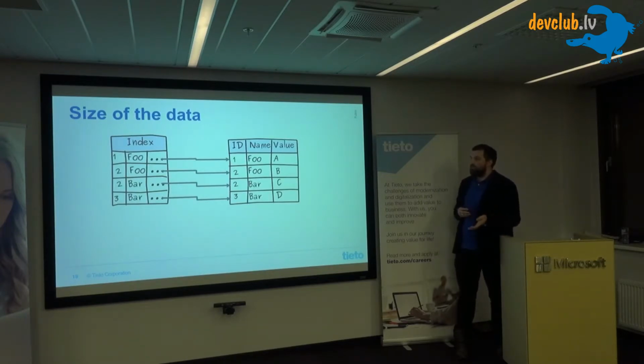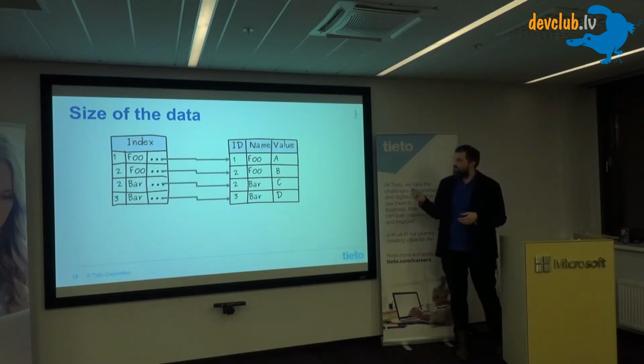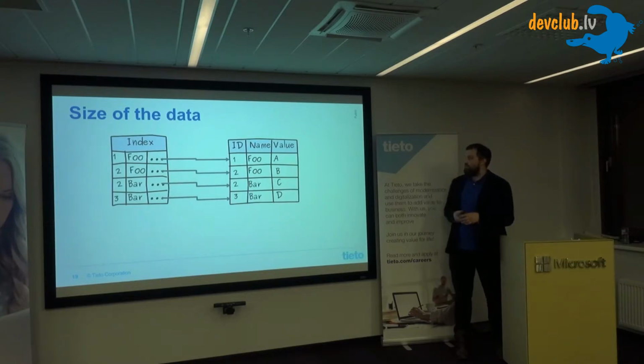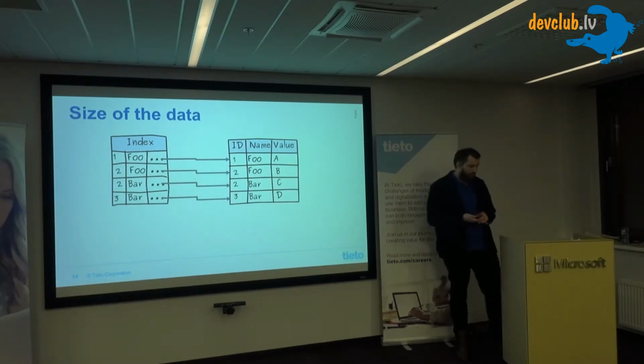And what does the index store? It stores the ID and the name, and it clearly duplicates the same information which is available in the data table. And the index also has a pointer to the real table, so depending on how large the value is, the index is almost the same size as the table.